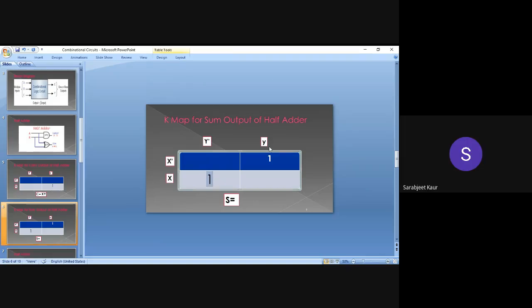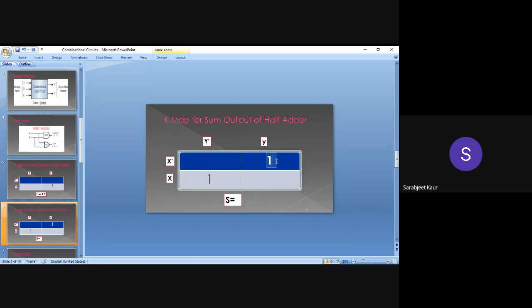So this is the Karnaugh map for the sum function. Is this clear? Yes, ma'am. Is there any grouping possible? No, ma'am. So I will simply write down the minterms corresponding to these two terms.